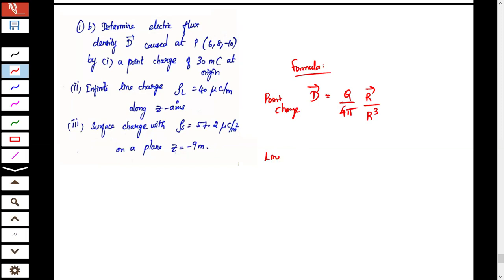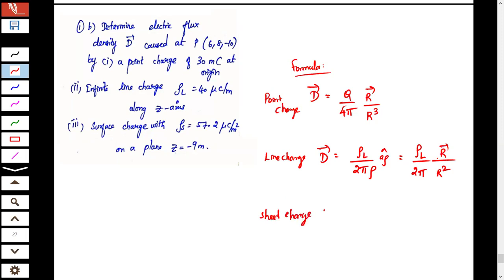And for line charge, the formula for D vector is rho L by 2 pi rho, a rho cap, or you can write in terms of vector R as rho L by 2 pi into vector R divided by R square. And for sheet charge or surface charge, flux density can be found as rho S by 2 a n cap.